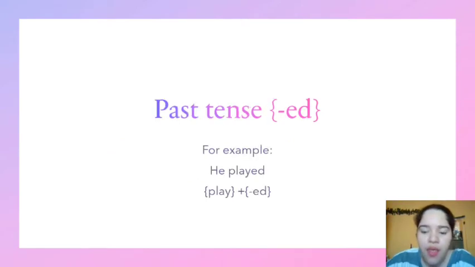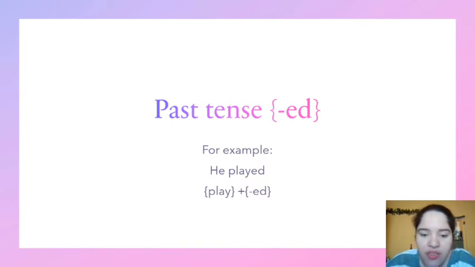Then we have the past tense with ed. An example of this is "he played." So we can notice that to make this verb, in inflectional morphology, we add the base form, that is play, plus ed.